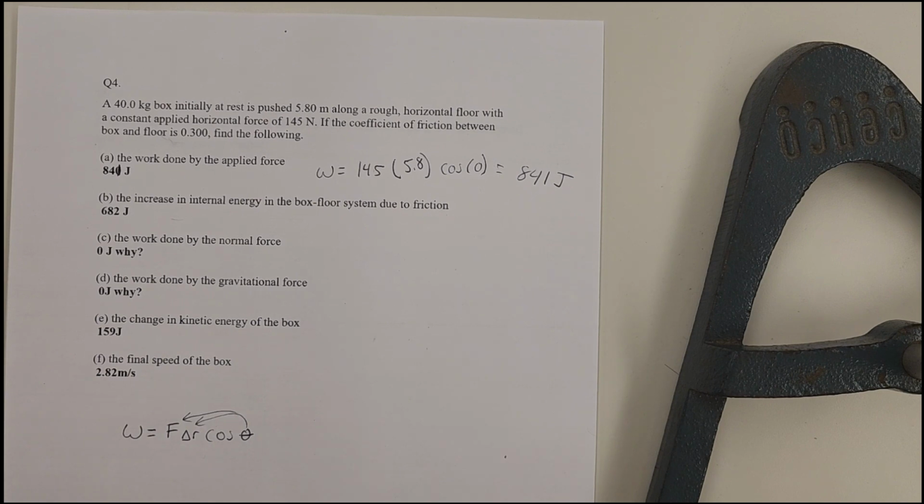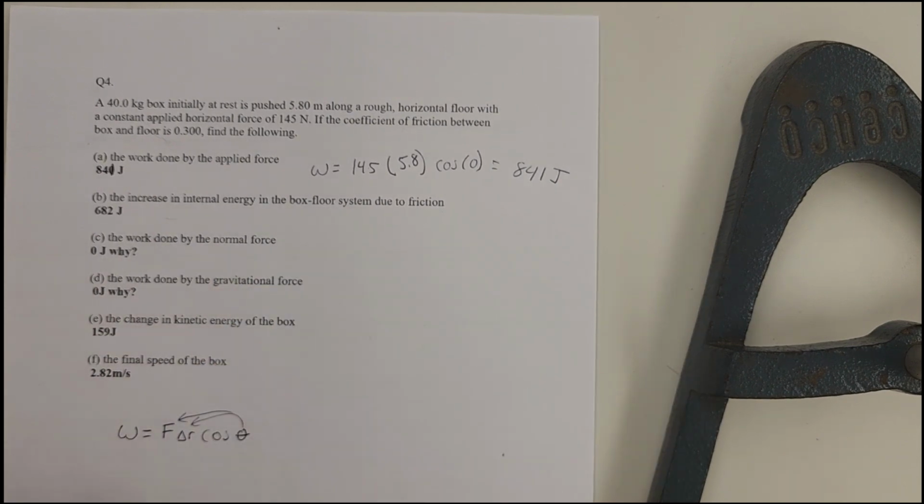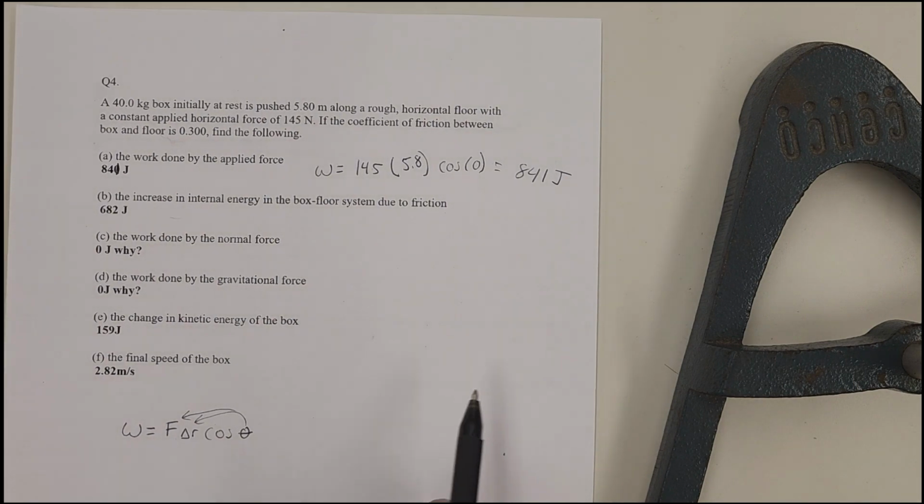Part B asks for the increase in internal energy in the box-floor system due to friction. So this is internal energy that we can't get back. This is heat that gets put into the system due to friction. So for that, again, we need to use work. We need to figure out that energy, but we'll be using the non-conservative force of friction.